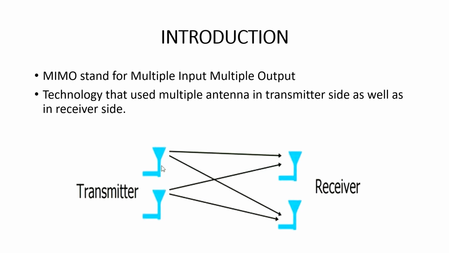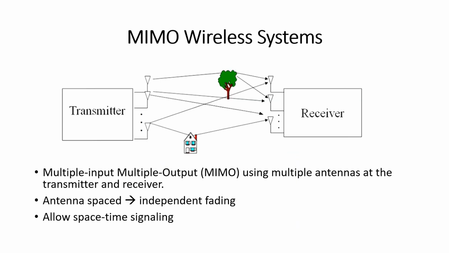So MIMO is a technology that uses multiple antennas at the transmitter side as well as at the receiver side. This is the simple representation of MIMO, where we have connected multiple antennas at the transmitter side and multiple antennas at the receiver side. These multiple antennas at both transmitter and receiver will support the wireless communication for its multipath propagation. Hope you understood.